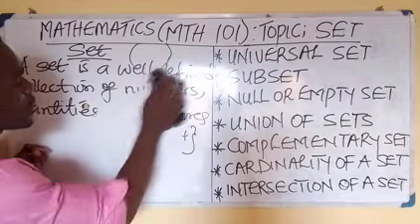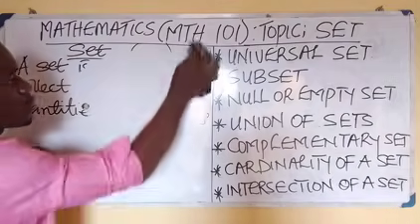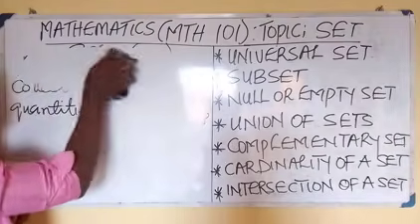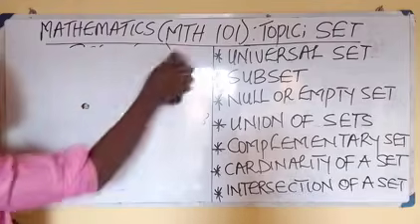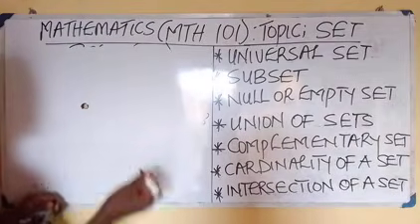Okay, now let us look at some types of sets and how they are symbolized. Okay, now the first one is the universal set.